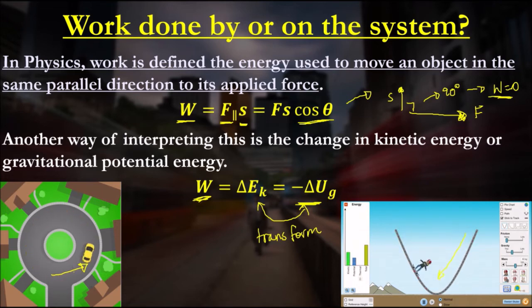As the skateboarder comes down, work is being done by gravity to push our skateboarder down in this particular direction. As work is being done on the skateboarder, they gain kinetic energy. So just think of in those kinds of scenarios, is work being done on or by our system?